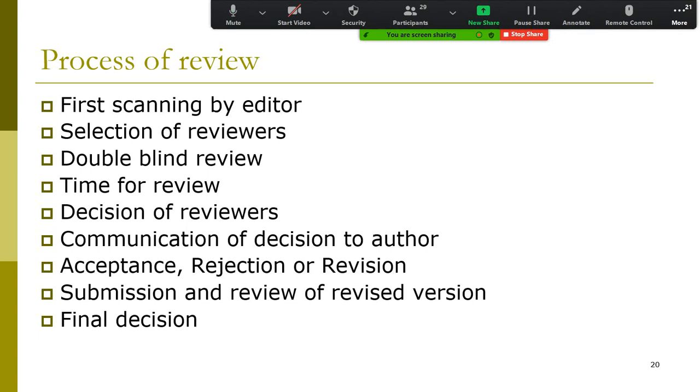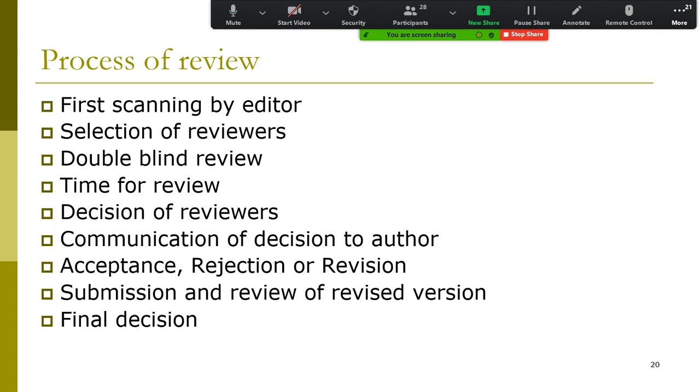Normally it is 12 weeks or at least 3 months for the purpose of review. Then the reviewers will send the comments, and the editor will communicate the decision of the reviewers to the author. The decision can be of 3 types: acceptance without any changes, rejection, or revision.